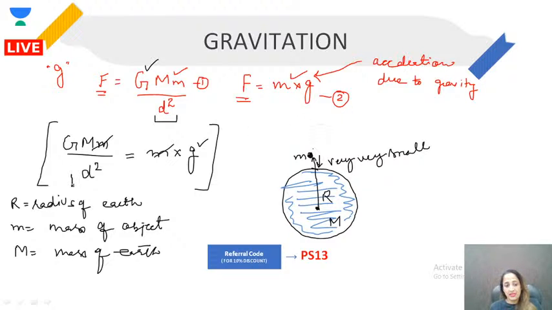We'll just replace this with radius of the Earth, because radius of the Earth is way too greater than the radius of the object. So we are just considering it r square.